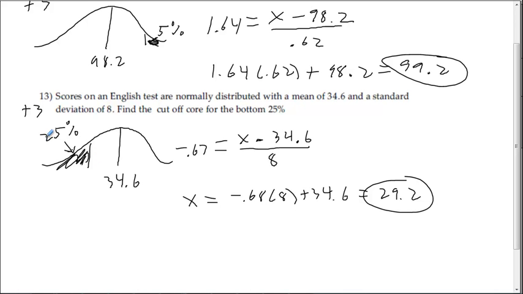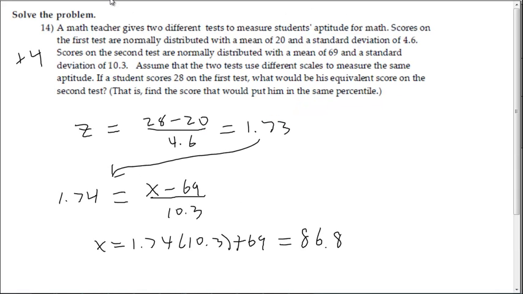And 14, this one you're trying to say, okay, we've got 2 tests, what's the equivalent? So this first one they scored 28, with an average of 20 with a standard deviation of 4.6. So you calculate that z-score, it's 1.74 standard deviations above normal. The question is, what is that equivalent score on this other exam?